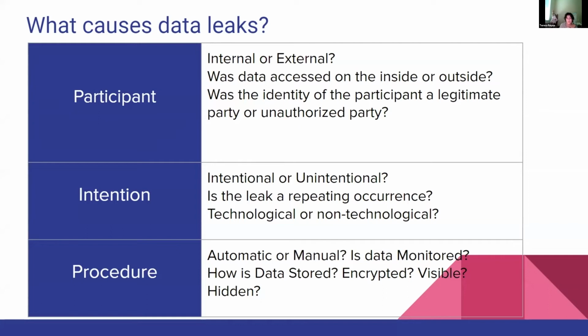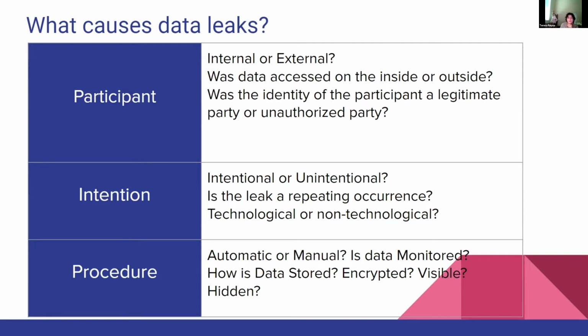So important questions to ask before getting into data loss prevention standards: is the participant an internal or external agent? Was the data accessed from the inside or the outside? Was the identity of the participant a legitimate party or an unauthorized party, like an employee or a hacker?